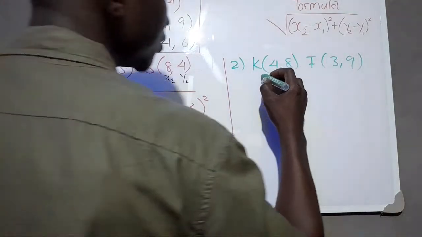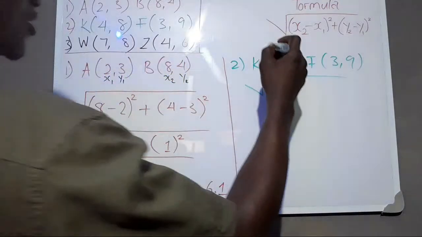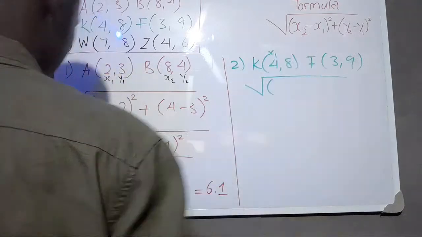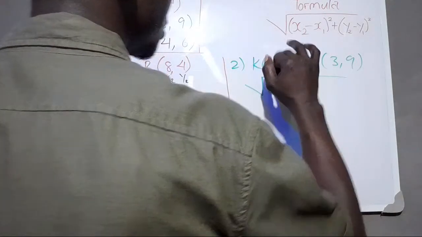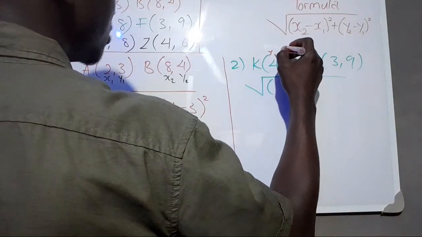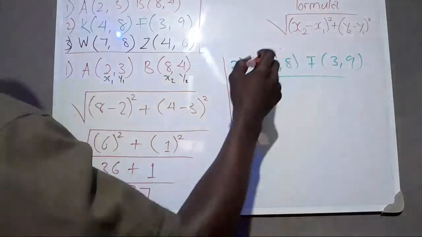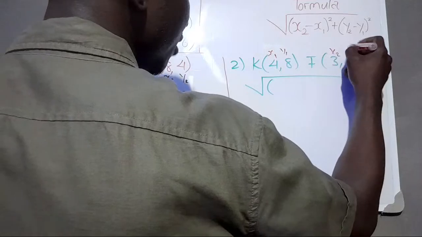So we open with our root sign, then we have our open bracket. This is S1. Let me use a different marker for that. So we have x1, we have y1, we have x2, we have y2.